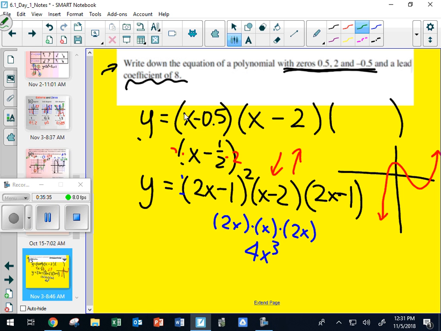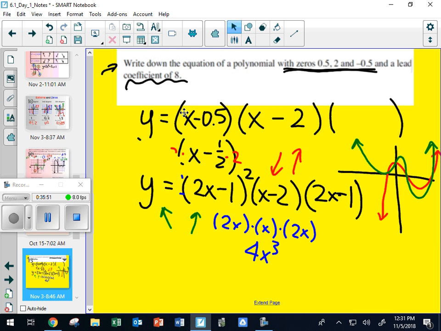You have a degree of 4. So if you have a degree of 4, that means that your end behavior is both going to be up. So then here, you'd end up having something that looks kind of like this, right? Same question, 2 different answers that you can get, right? There's not just one way of doing it anymore.